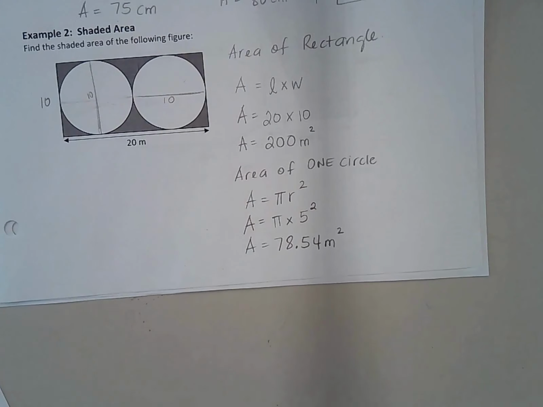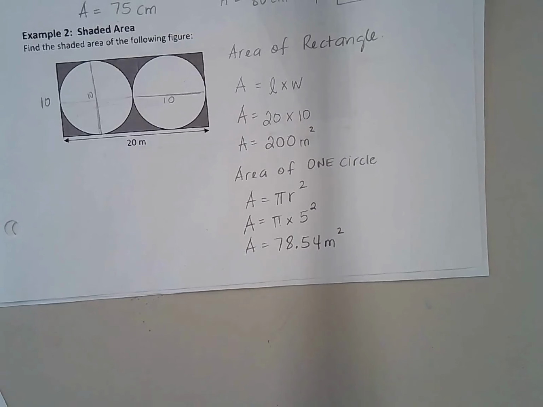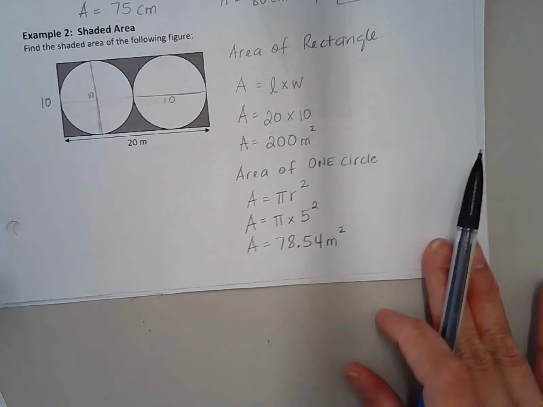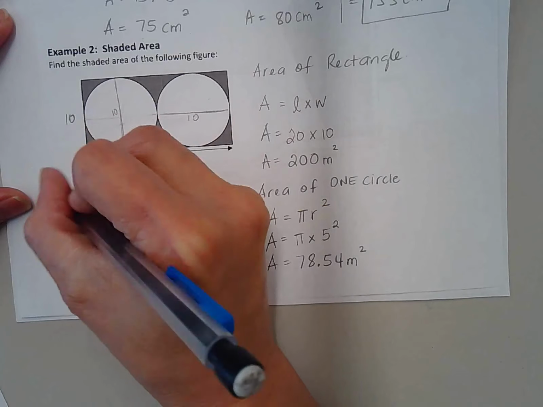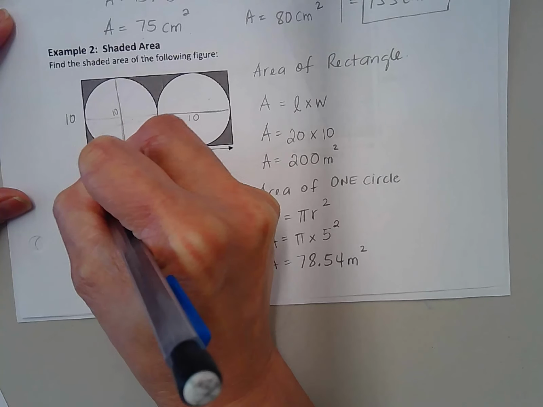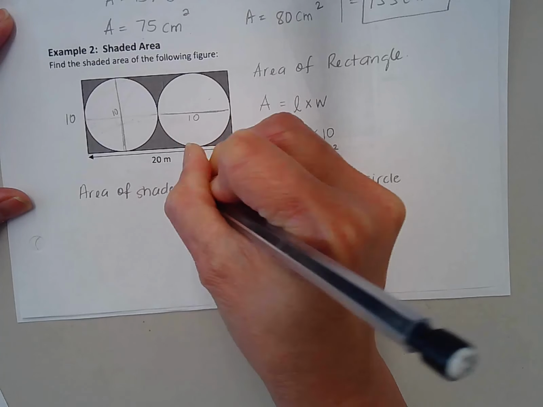Okay. So now that we have figured out the area of one circle that got punched out of this rectangle, what's the remaining shaded piece? So area of shaded part.